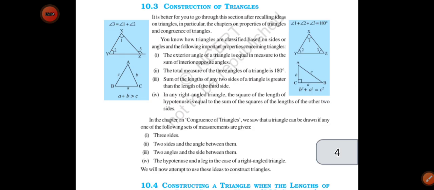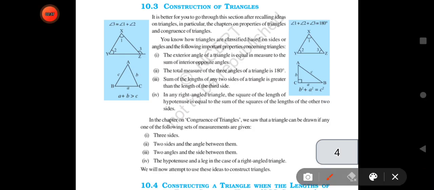Construction of triangles. It will be better for you to go through this section after recalling ideas on triangles, in particular the chapters on properties of triangles and congruence of triangles. You know how triangles are classified based on sides and angles, and the following important properties concerning triangles. 1. The exterior angle of a triangle is equal in measure to the sum of the interior opposite angles. 2.